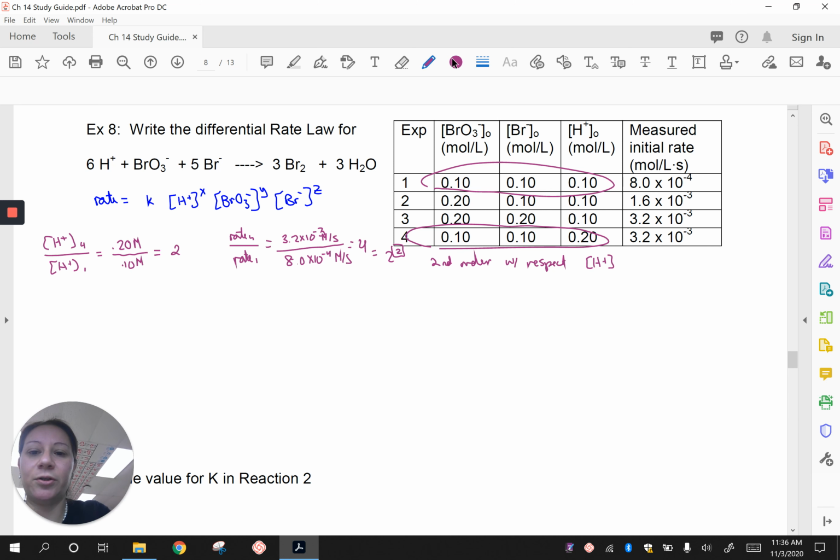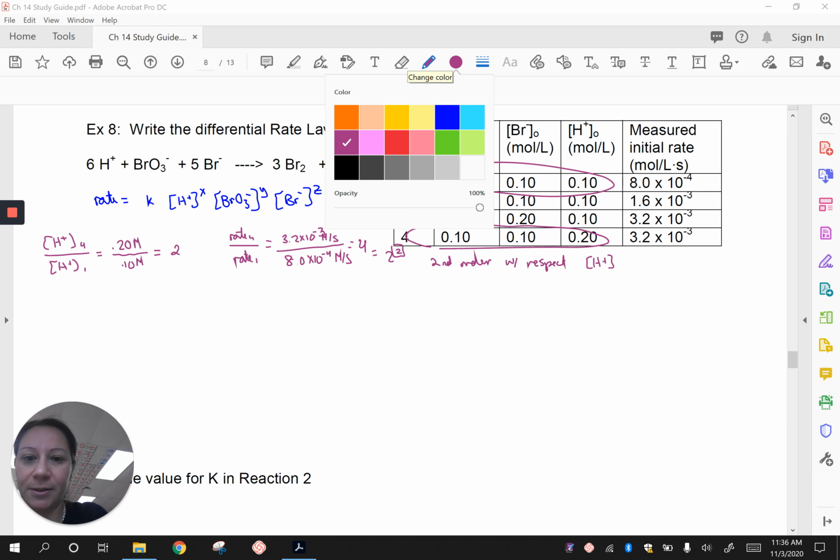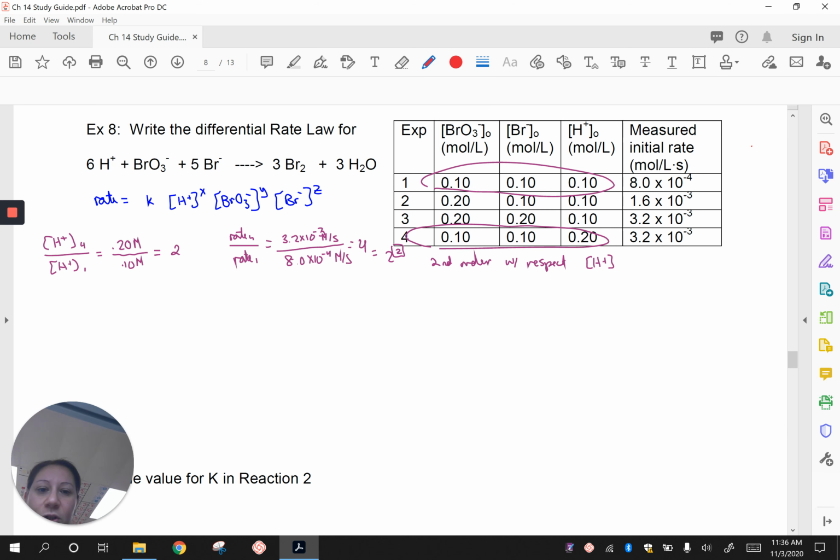Okay, now I'm going to look at bromate. I want to pick two experiments where my bromate changes, but my H plus and my bromide remain constant. I'm just trying to erase this so it's a little bit easier for us to look.